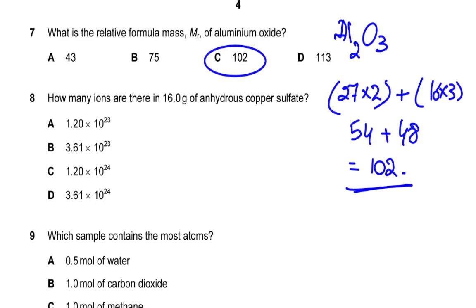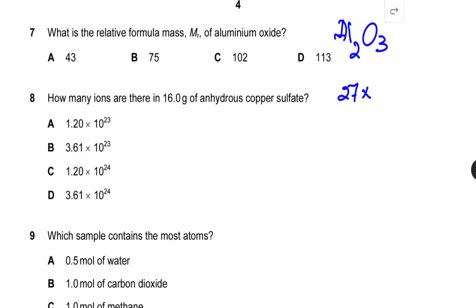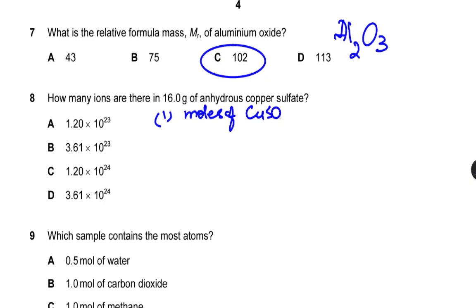how many ions are there in 16 gram of anhydrous copper sulfate? Let me remove the empirical formula and clear this space. First of all, we will calculate the moles of anhydrous copper sulfate, CuSO4.